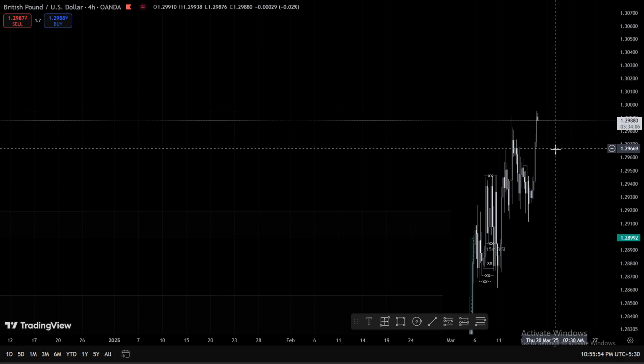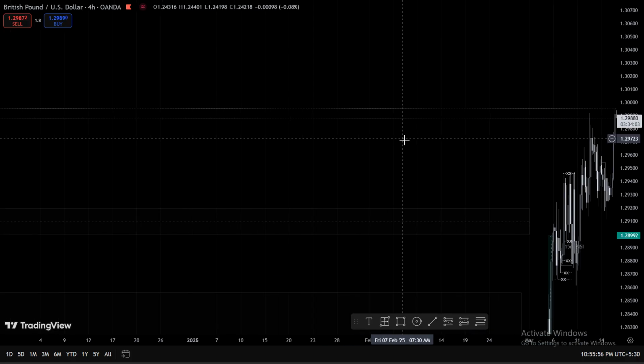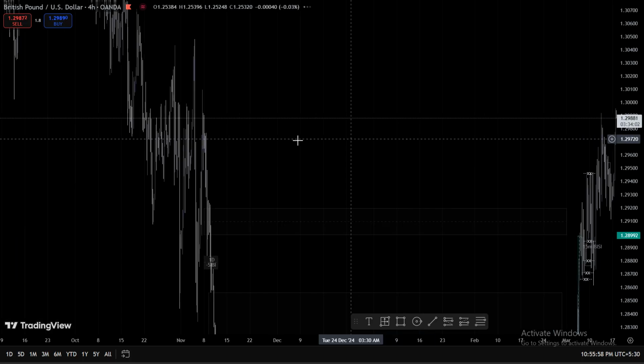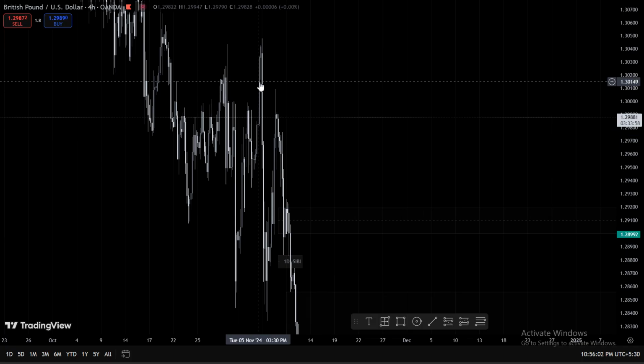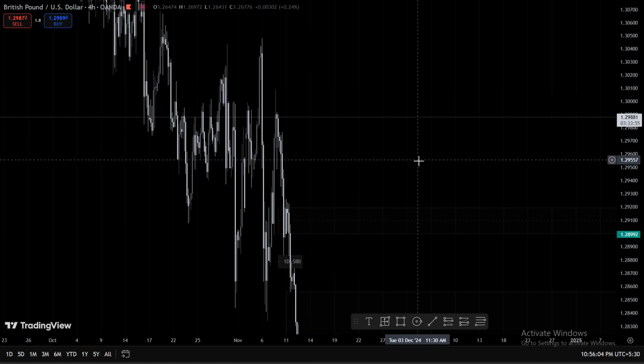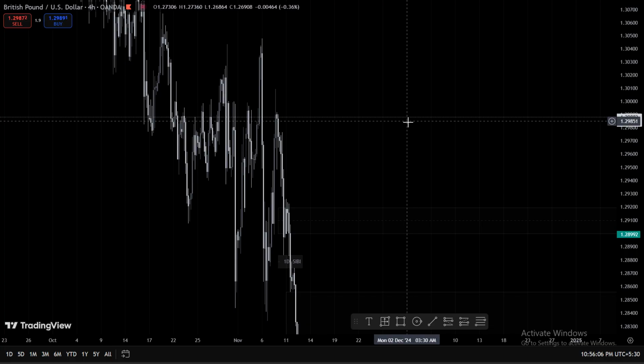Let's see if we see anything on the left side of the chart. There is this big sell side imbalance. That's one to count.